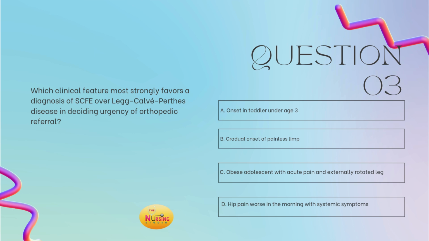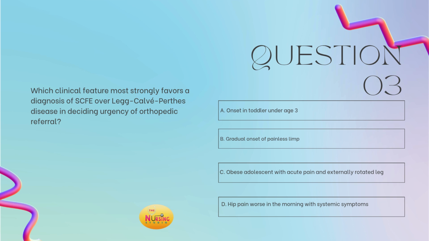All right. And here the stem is the question, and it states which clinical feature most strongly favors a diagnosis of SCFE over Legg-Calvé-Perthes disease in deciding the urgency of ortho referral. And it's C. So, an obese adolescent with acute pain and externally rotated leg.